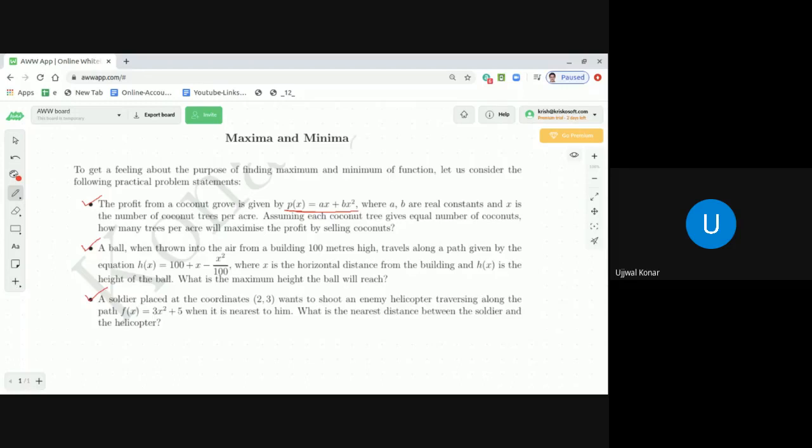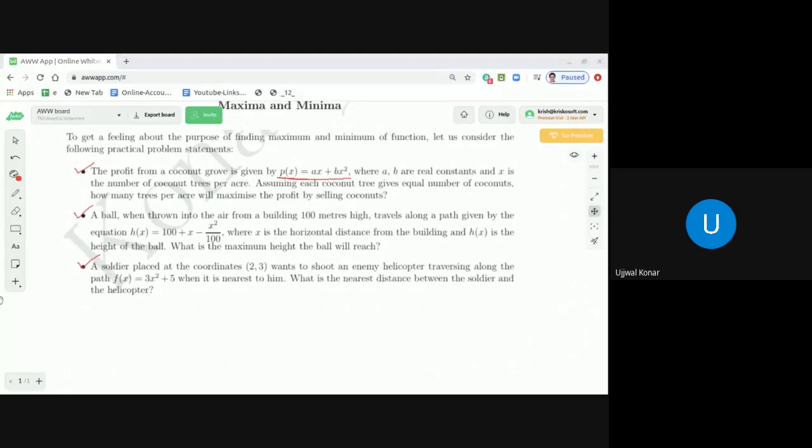The question is: what is the nearest distance between the soldier and the helicopter? So, dear students, I just took 3 examples from 3 different fields, and to answer these questions, maxima and minima will help you a lot.